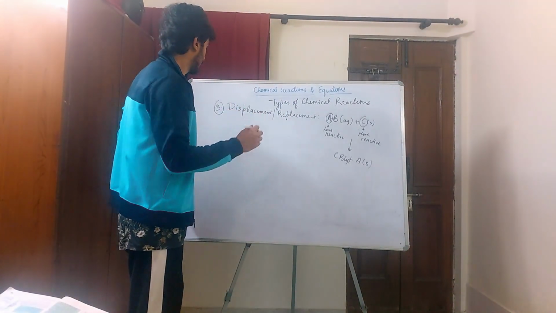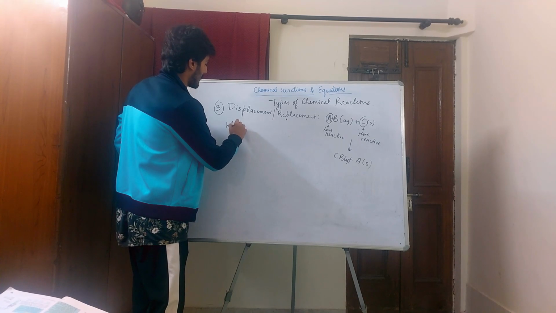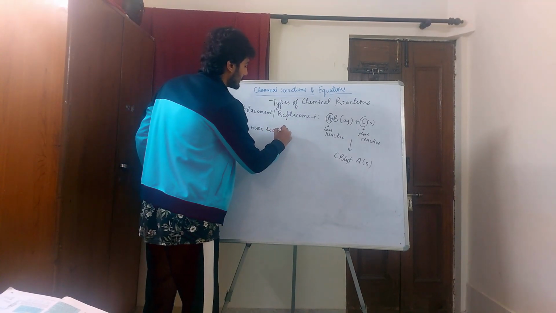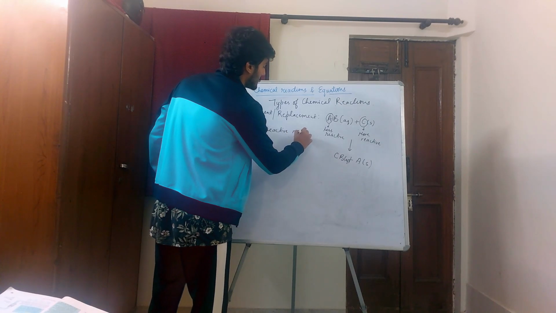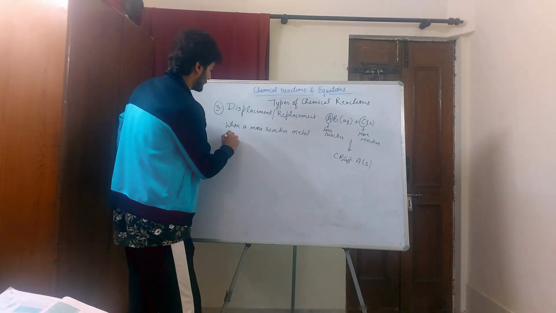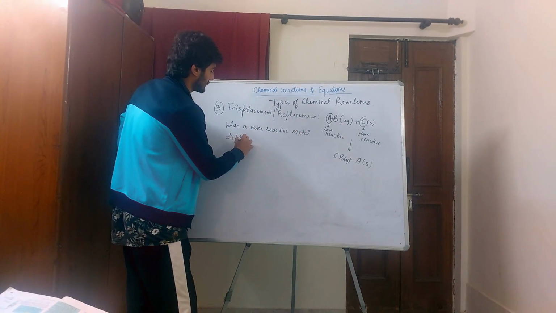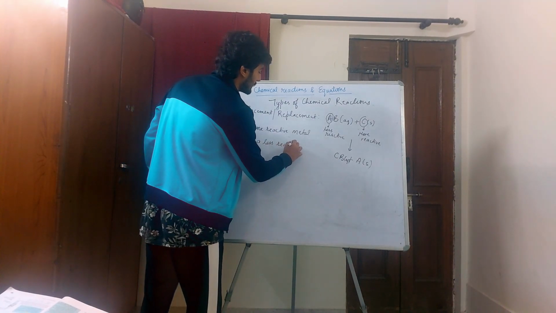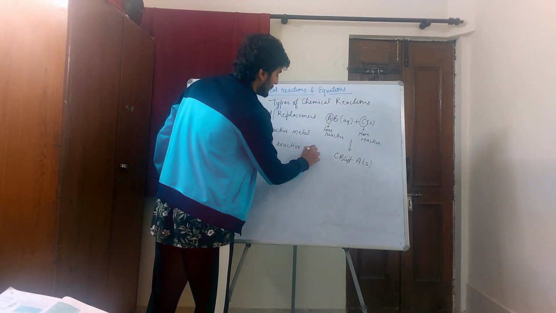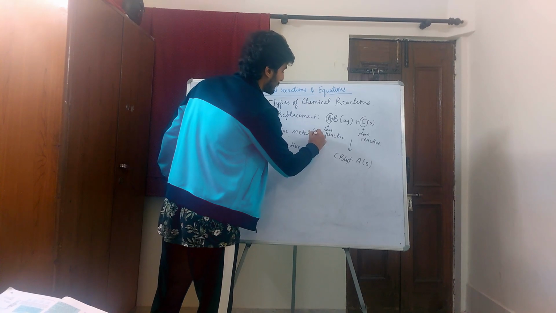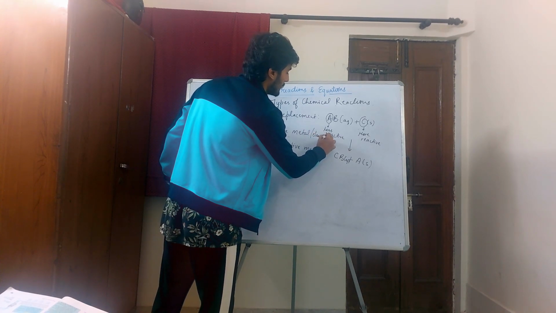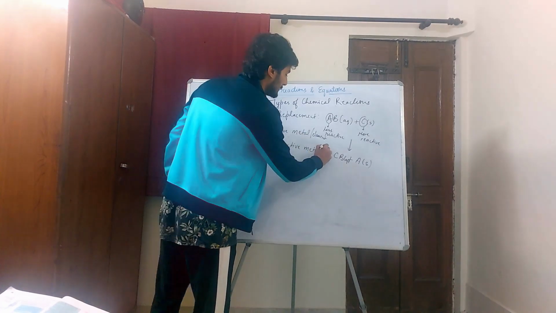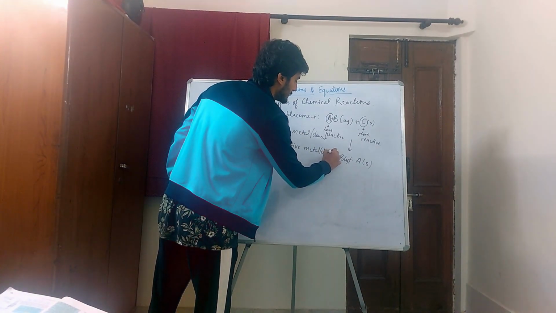So first, let's write the definition. When a more reactive metal displaces a less reactive metal, or you can write element also, that would be fine for now, but this is usually for metals only, but for this chapter it is element, so I'm writing it as element.